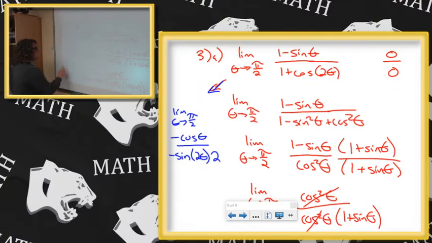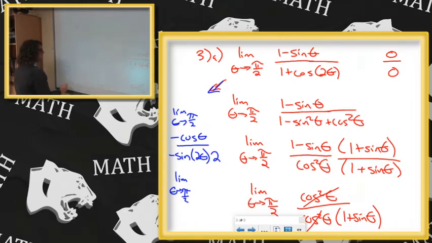So you've got to go another step. So that's not any better, is it? Then you'd have the derivative of negative cosine is going to be positive sine, and the derivative in the denominator there is going to end up being negative cosine of, kicks out another 2, so it's 4.